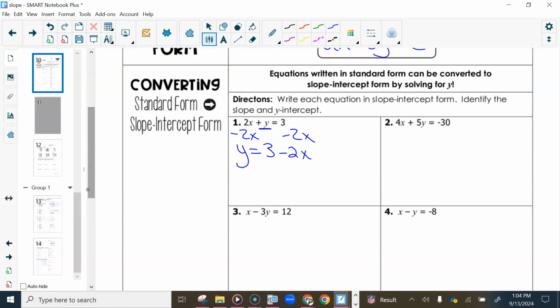But I just want to switch these two so that it's in y equals mx plus b, because right now it's like y equals b plus mx. And when I do that, whatever this sign is, if it's negative, it needs to stay negative. If it's positive, it needs to stay positive. So I'm just going to switch those two. And that would be my final answer. These are the same equation, just written in two different formats. This one's in standard form, this one's in slope-intercept form, and later I'll show you how to double check that on Desmos.